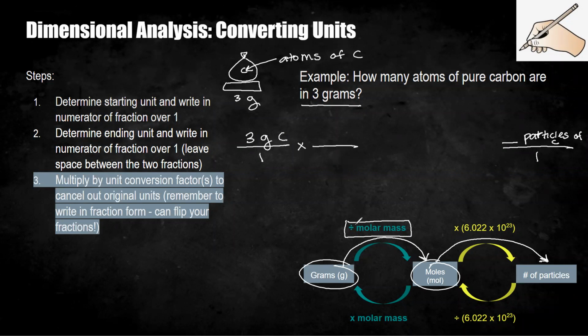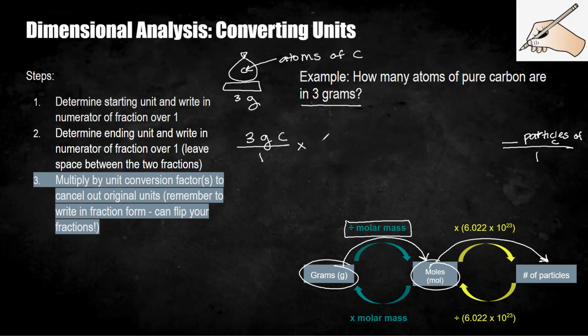Normally I would be dividing by the molar mass of carbon, but to make my math a little bit simpler, I'm actually going to multiply by 1 divided by the molar mass. Our molar mass of carbon is about 12 grams of carbon. I'm going to do this in a different color so you all can see this a little bit better.